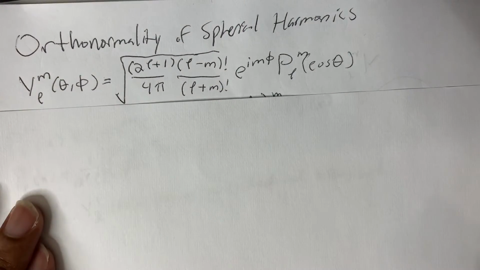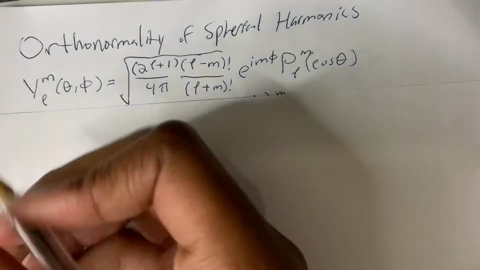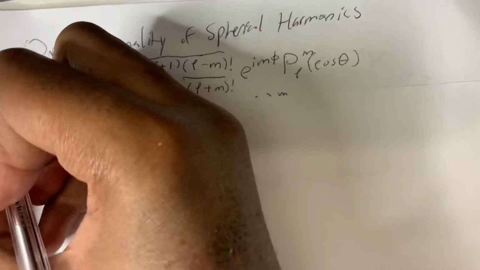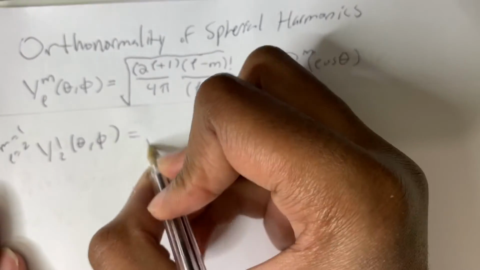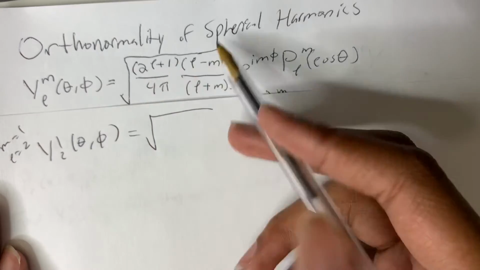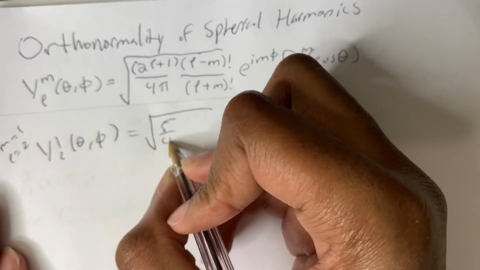So now let's find the spherical harmonic for Y12. So Y12 of theta, phi. This means that m equals 1 and L equals 2. This equals the square root, we're just plugging things in. L is going to be 2, so this is going to be 5 over 4 pi.